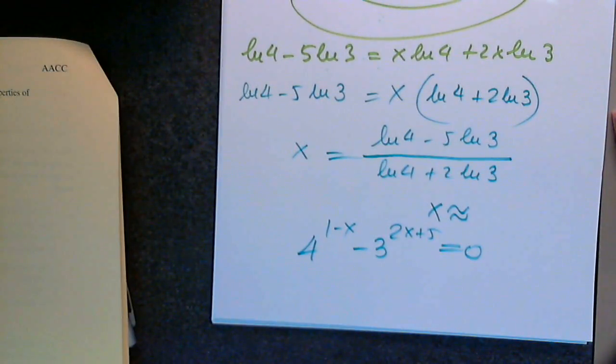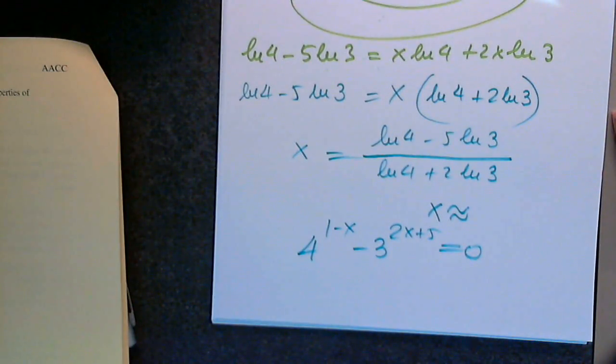Once I get this number, in the next step I would write 4 caret in parentheses 1 minus the previous answer, close the parenthesis, minus 3 raised to, in parentheses, 2 times the previous answer, plus 5.